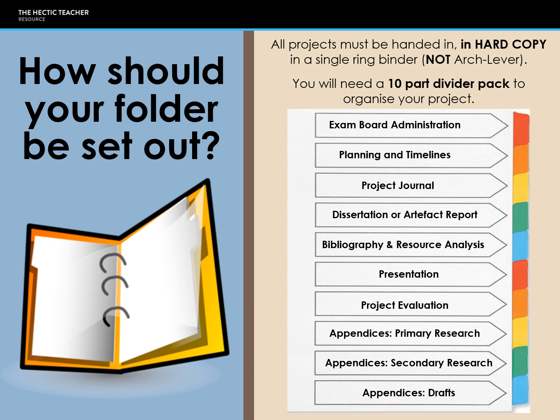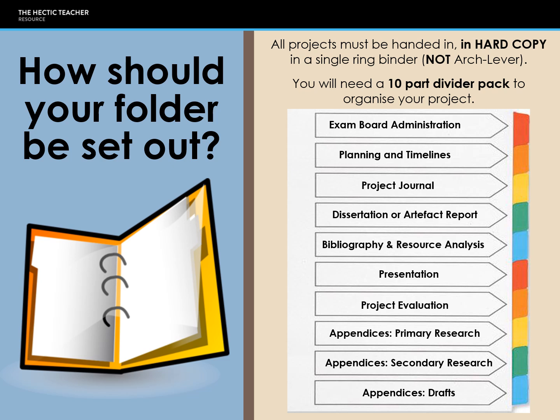Then you're going to put your bibliography and your resource analysis that we talked about previously, your list of sources that you completed your research using, and your analysis of those researches. They're two separate documents, but they go in the same section of your folder. Your presentation I'll talk about in the next video, but that goes in next.